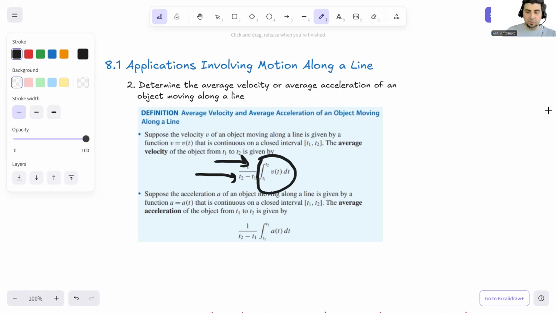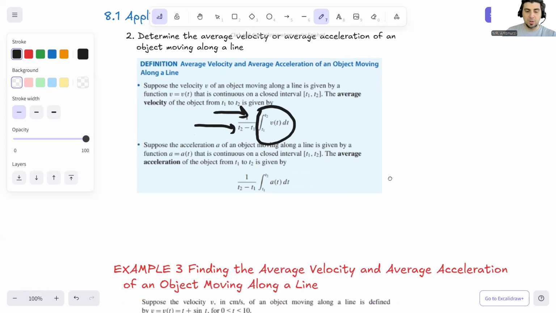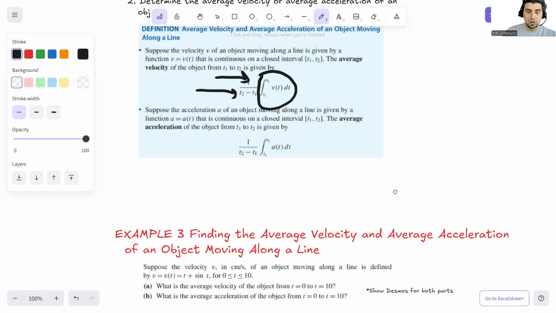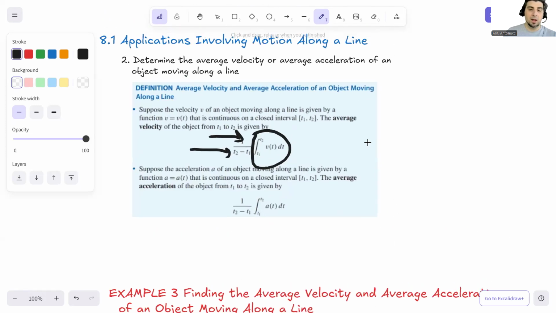So a couple things to note that can sometimes be a little confusing with velocity, acceleration, speed, and those kind of things is suppose you have an object and its position is given by the function x of t. Okay, so it's implied that it's moving along a horizontal line.